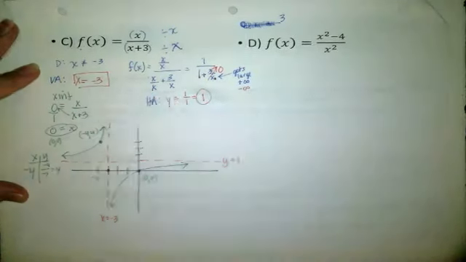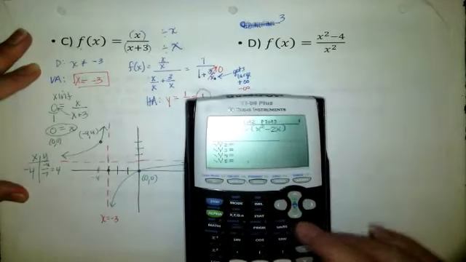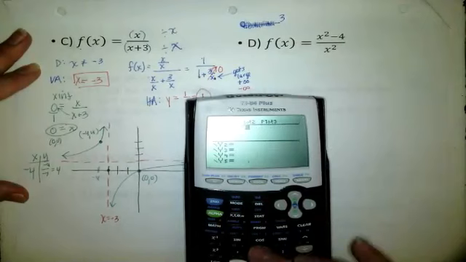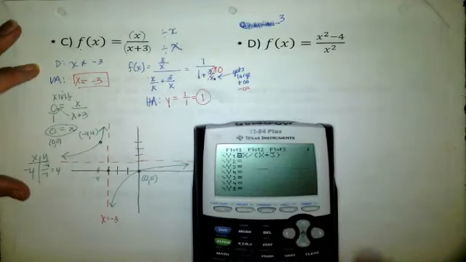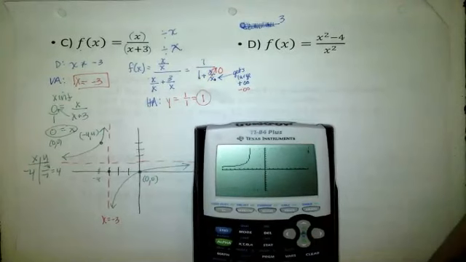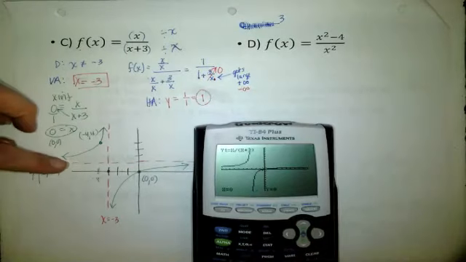And again, you have a calculator, use it. So I have x divided by, don't forget the parentheses, x plus 3. Cool. So you can check, use a trace.